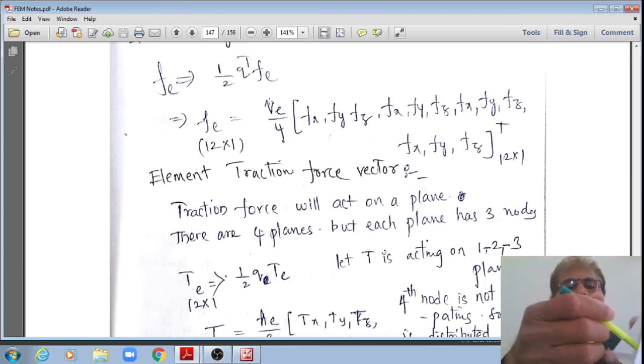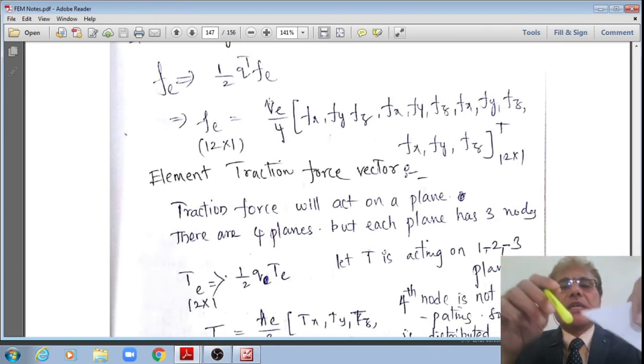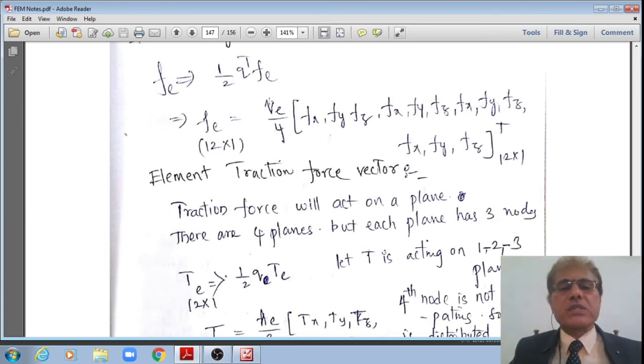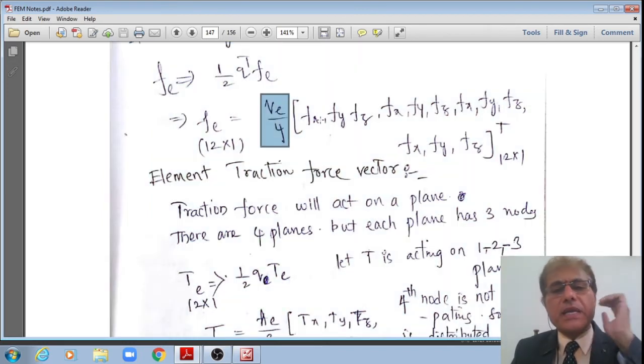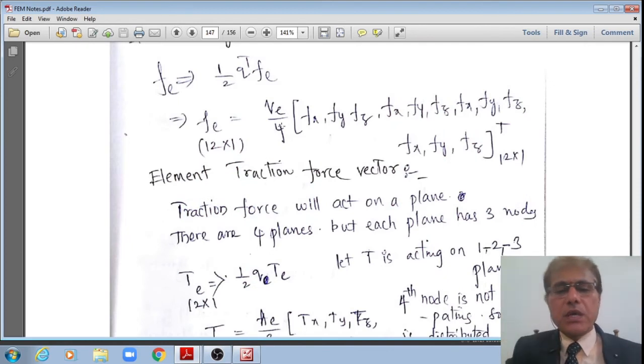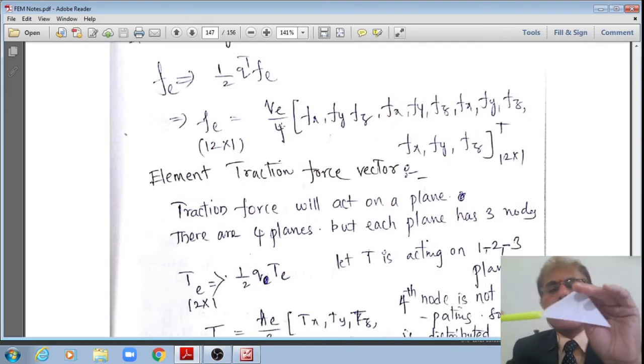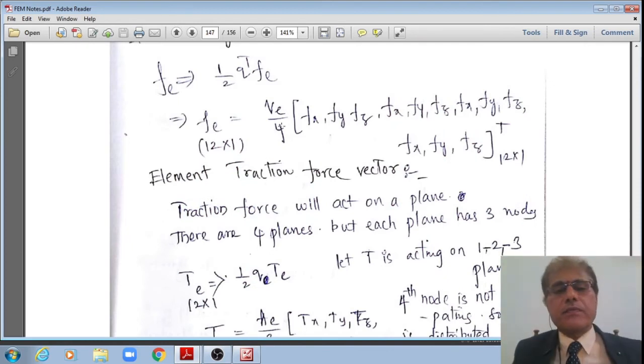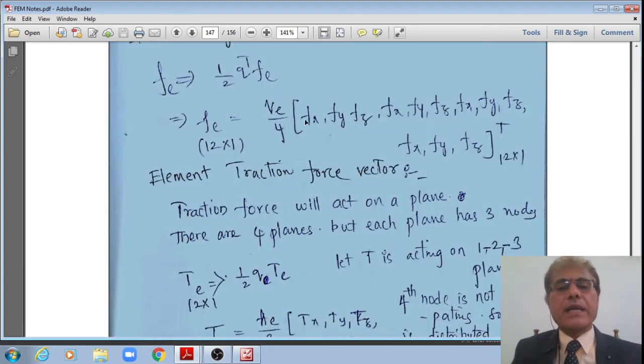However, if the load is acting at the CG, obviously it will distribute the load equally to the 4 nodes. Hence, outside I'll get 1 by 4 as a constant. That indicates that it is distributing equally to all the 4 nodes, right? Because the load is acting at the CG.